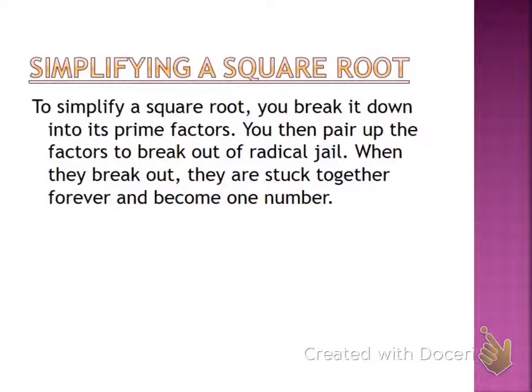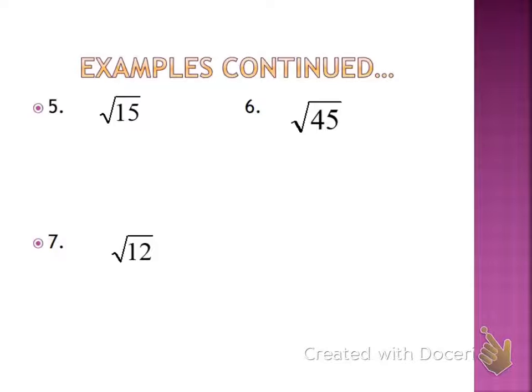When they break out, they are stuck together forever and become one number. What you really need to have in this slide would be the title of it. For all of these examples, our directions are going to just be to simplify it if possible.